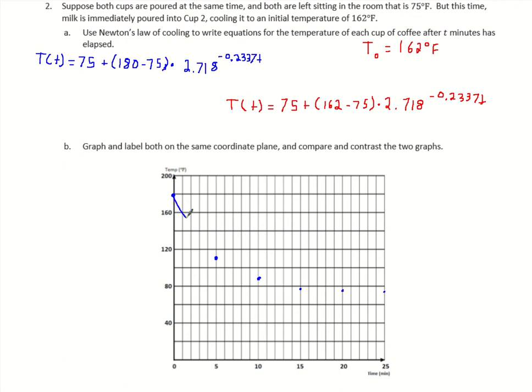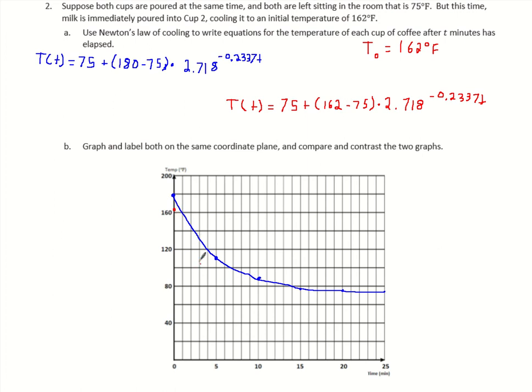And then let's sketch what it's going to look like. And there's that. For our red one, instead of starting up here at 180, we're going to start at 162, which is going to be 160, but just a little bit above 160. Just a tiny bit.